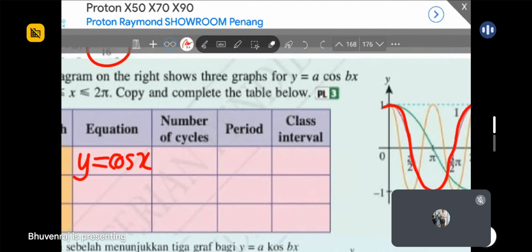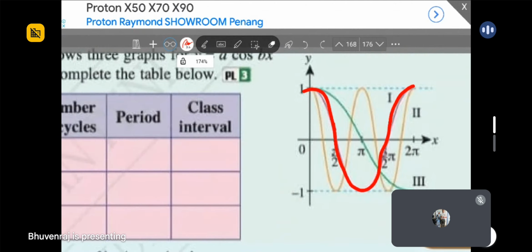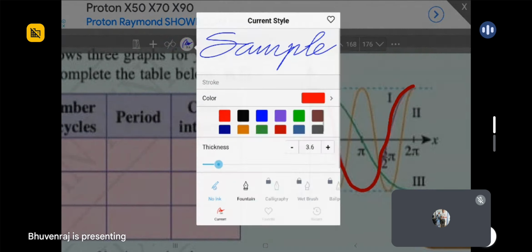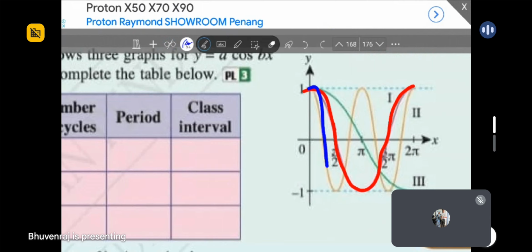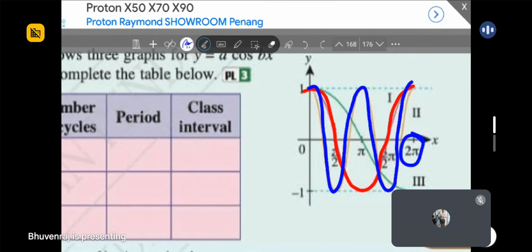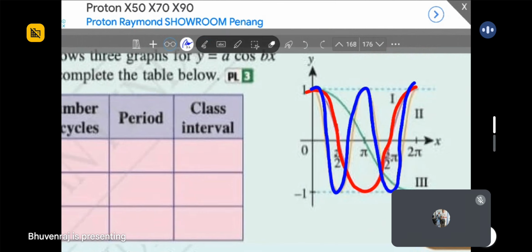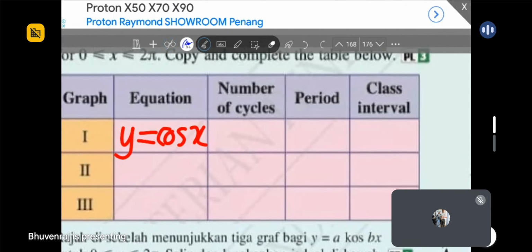Graphs 2 and 3 are modified. For graph 2, you can see that you have 2 complete cycles within 2 pi. So y equals cos 2x.